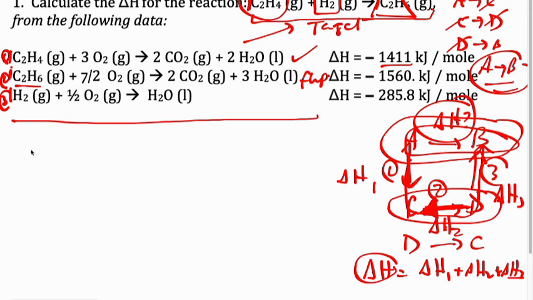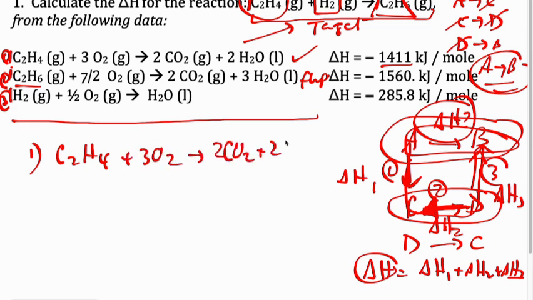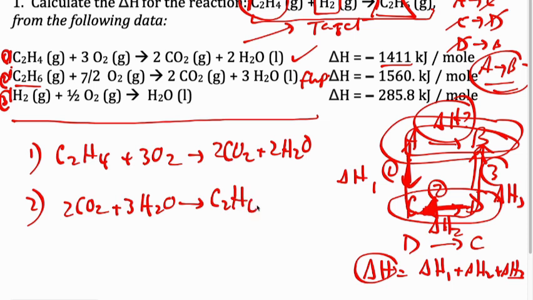So if I were to rewrite these equations here, for C2H4, I'm not doing anything. The first reaction, I'm just going to write it as it is. I'm leaving the states out for now, but the states are obviously important. You need to be careful. I'm flipping this equation here. So if I flip it, that basically means 2CO2 plus 3H2O goes to C2H6 plus 7 over 2 O2.